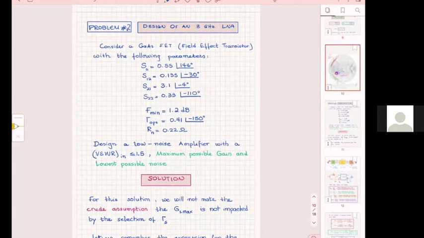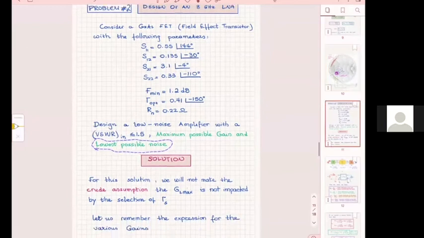My additional request is that I have the maximum possible gain for the lowest possible noise. And unfortunately, that's what we do most of the time. We would like to find the optimum point for that. Maximum possible gain, lowest possible noise.